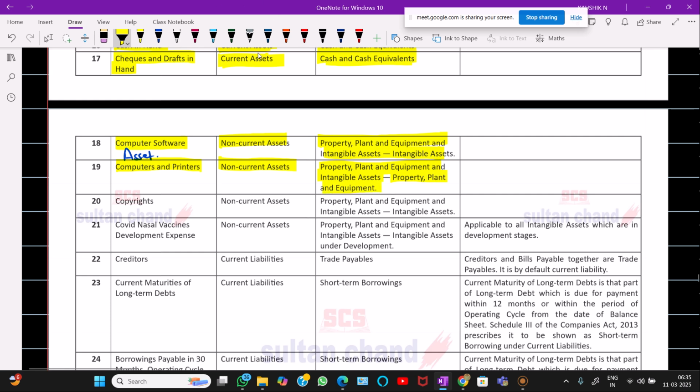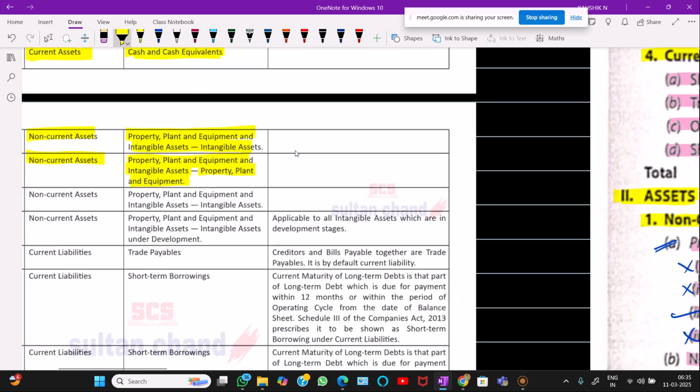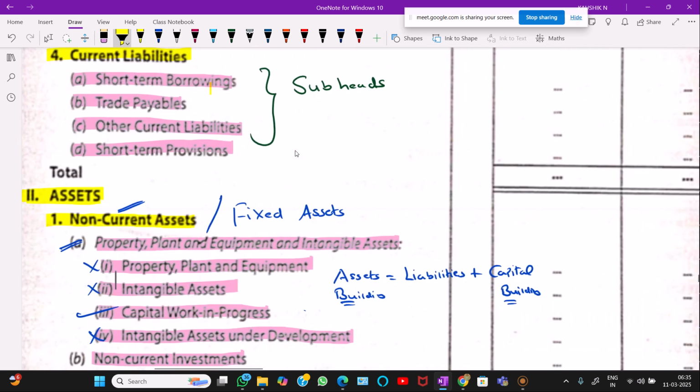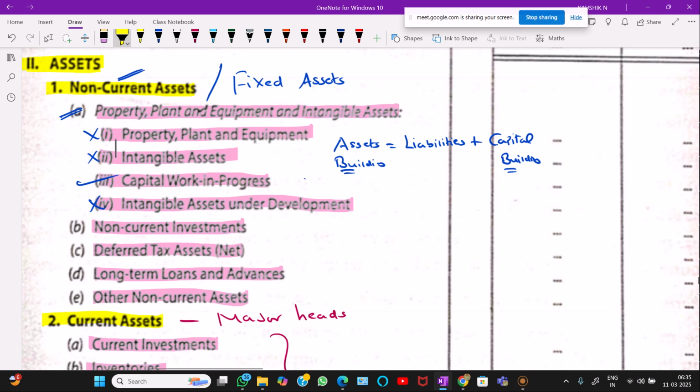Can you make it understandable once again? Okay, let me show you here. In the asset category, you have non-current asset, and under that you have property, plant and equipment and intangible asset. So you are fixing this to this. This is how you declare it.